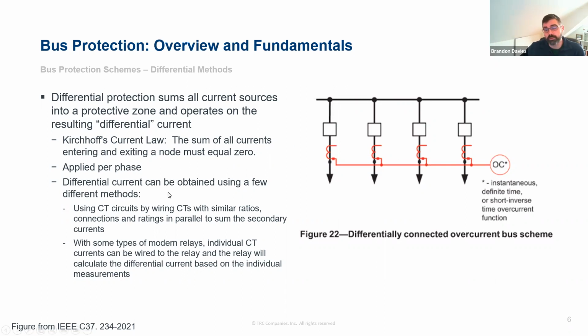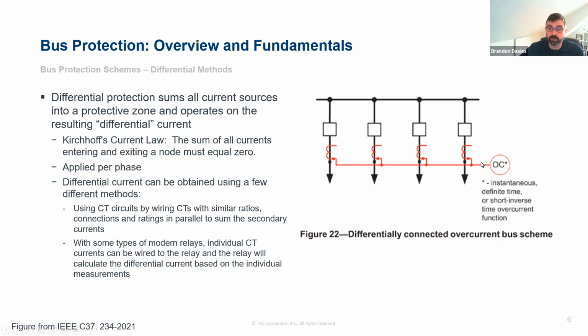There's a couple different methods you can do to sum the currents. The historical way of doing it, and it's still applied this way in some types of applications, including a couple of them we're going to go over today, is to just wire the CT secondary circuits together. So take all of the phase A CTs from each of these breakers and wire them in parallel with one another.